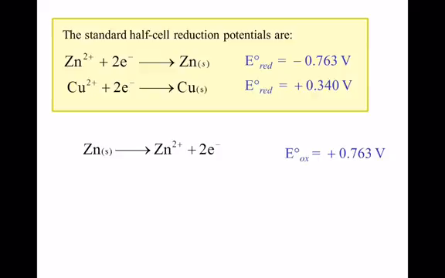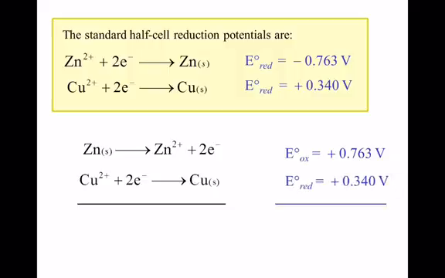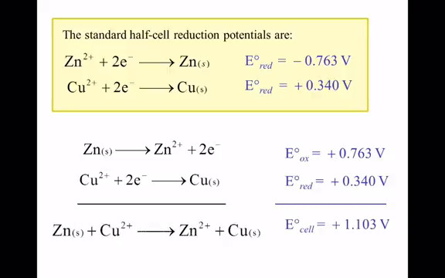The other half cell we leave as reduction, so we line up the half cell potential for the reduction half, that's plus 0.340 volts. We add those two together, round to 3 decimals, to give us the overall cell potential. So the overall cell potential is 1.103 volts.